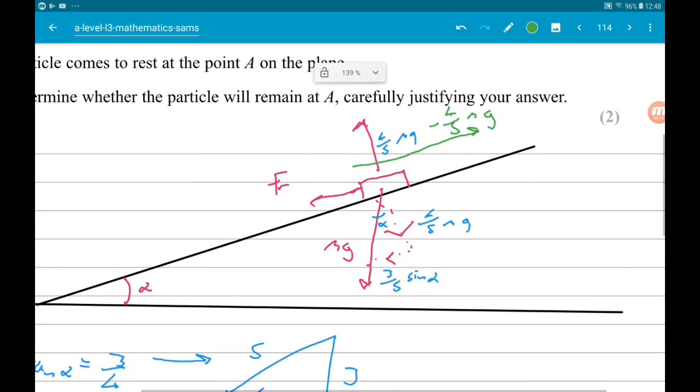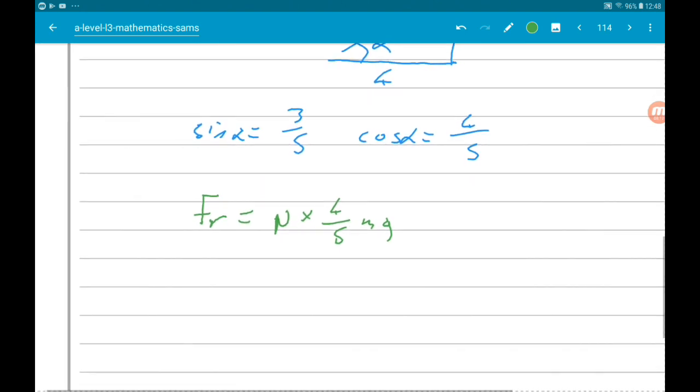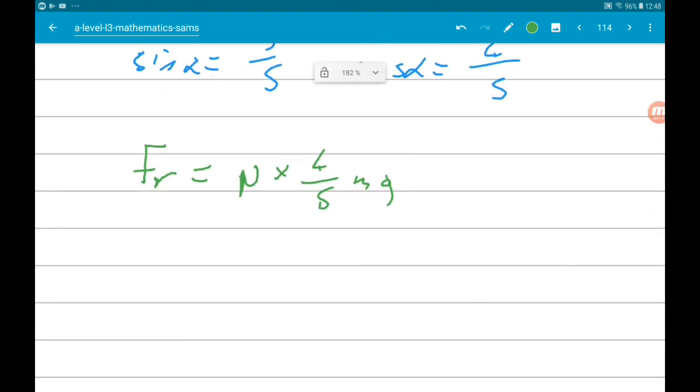So we know minus friction minus 3/5 mg is equal to minus 4/5 mg.